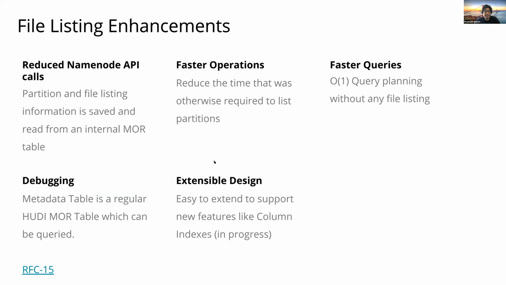So with this feature, in a nutshell, the listings of the partitions as well as the files within the partition are saved within an internal table in Hudi, thereby saving on the cost of sending those API calls to the name node. It also makes several operations faster because you can do this listing by reading it through this table rather than having to depend on the name node.